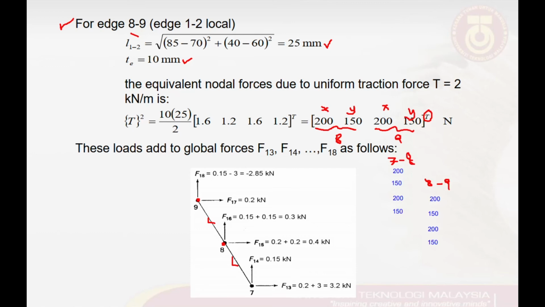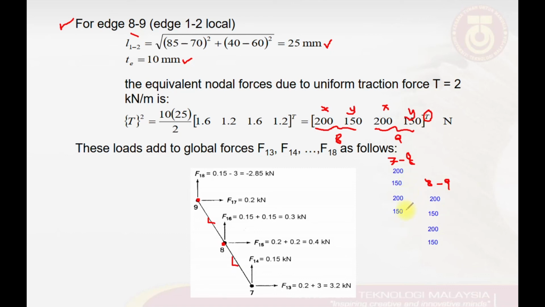So from the calculated equivalent nodal forces applied on nodes 7 and 8, we have these 4 values of forces in x and y directions, and similarly on the edge 8 and 9 we have these 4 forces again applied in the x and y direction.